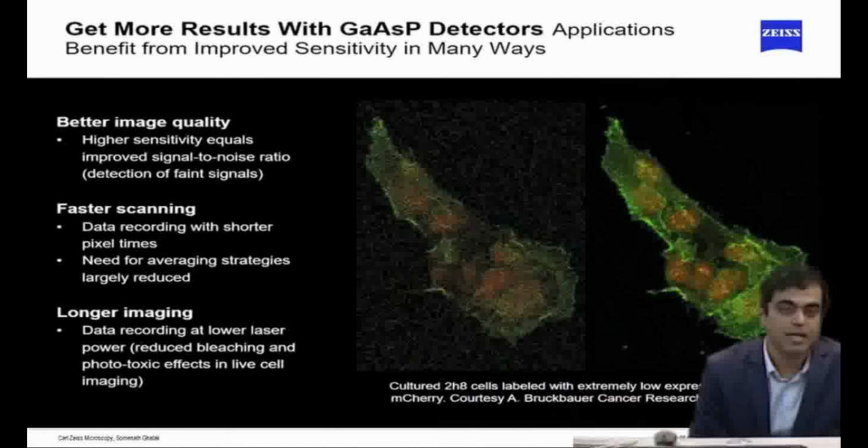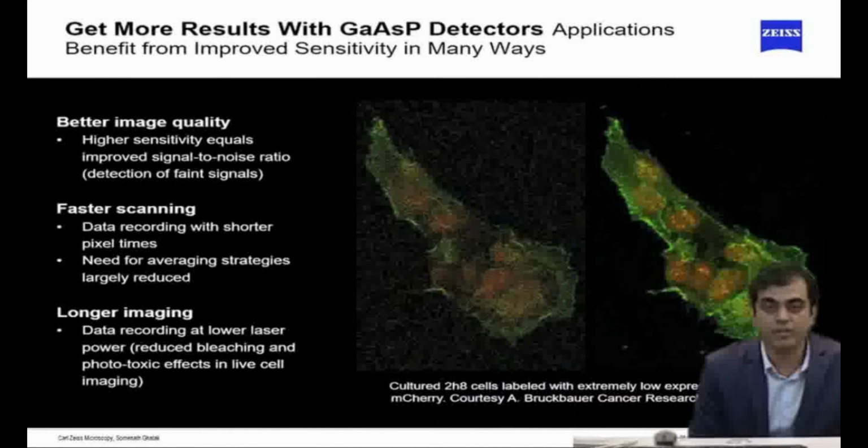And for longer imaging, such as live cell imaging, a time lapse experiment going overnight, there is a photobleaching issue associated with it, and if the laser power is high, it may induce phototoxicity in your live cells.